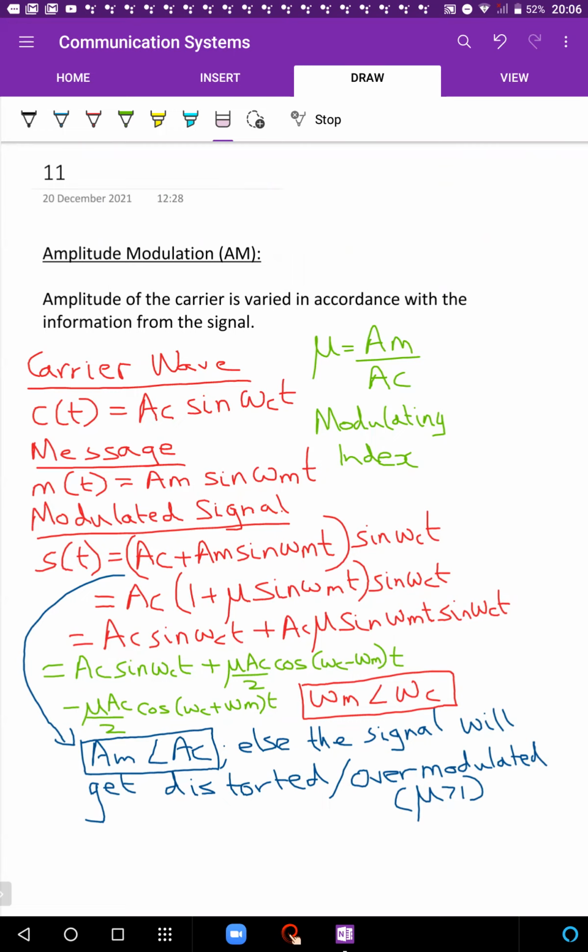अब एम्पलीट्यूड मॉड्यूलेशन देखो क्या है. So in this, the amplitude of the carrier is varied in accordance with information from the signal. So what does this mean? तो देखो पहले तो message is my desired signal. Okay, so get used to this symbol. m(t) is Am sin(omega m t).